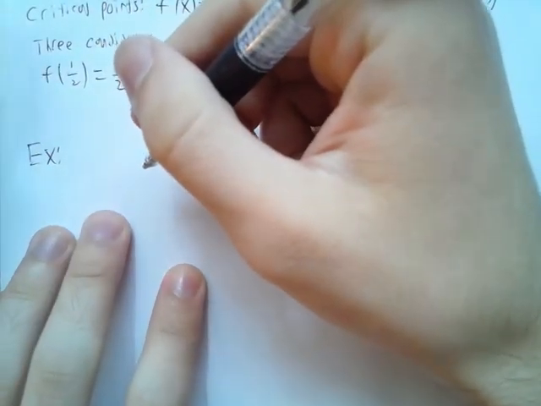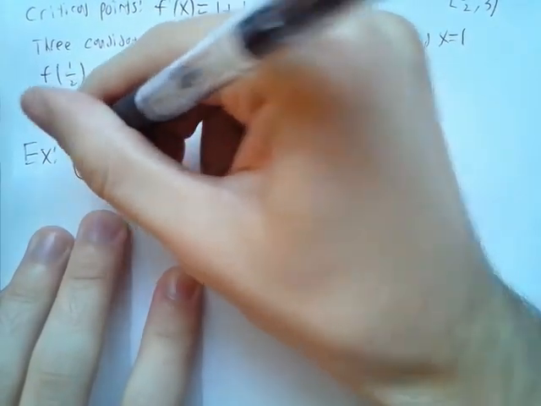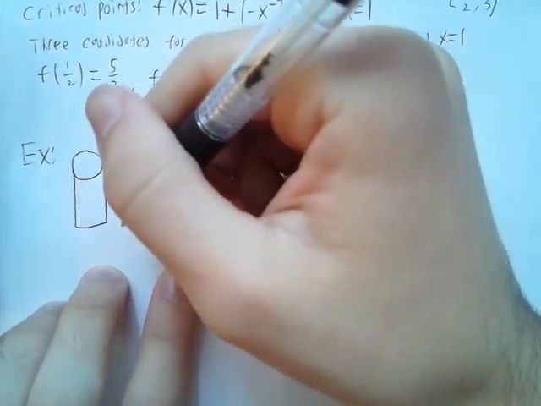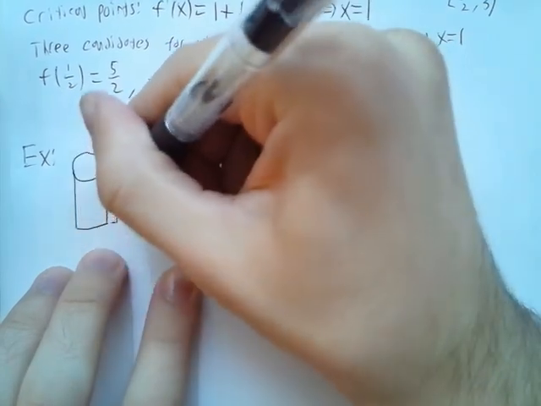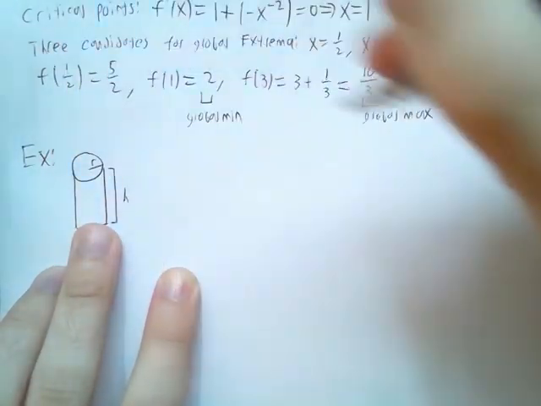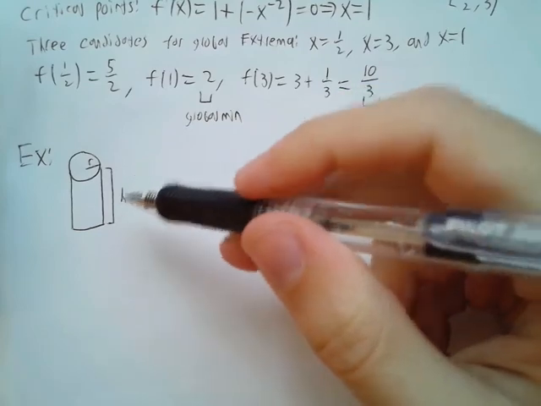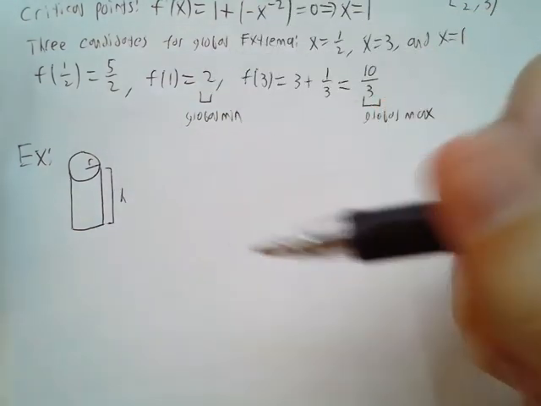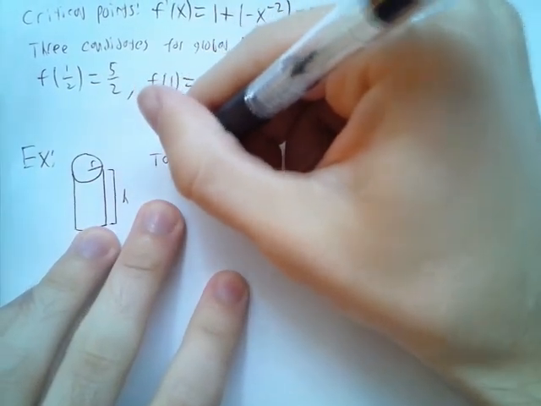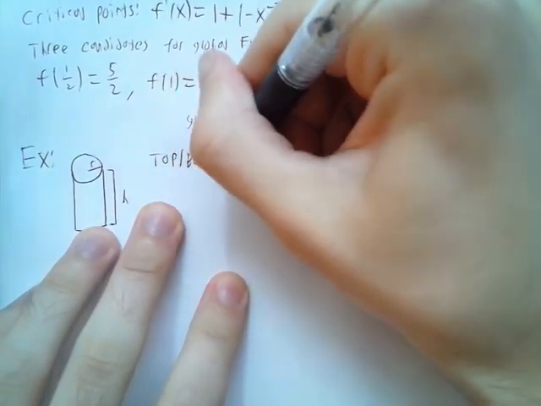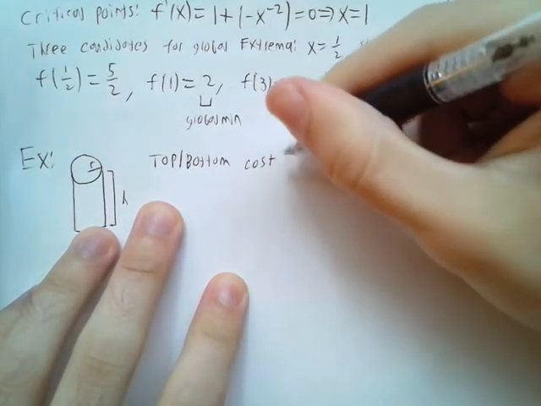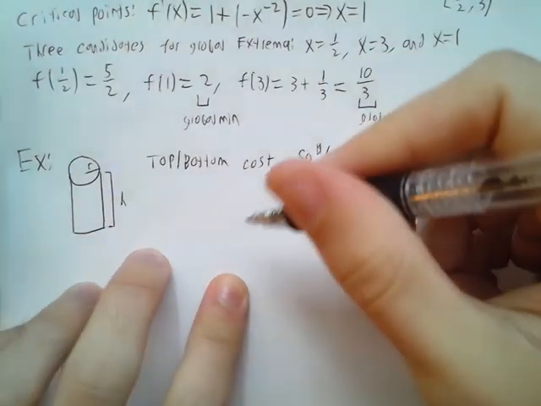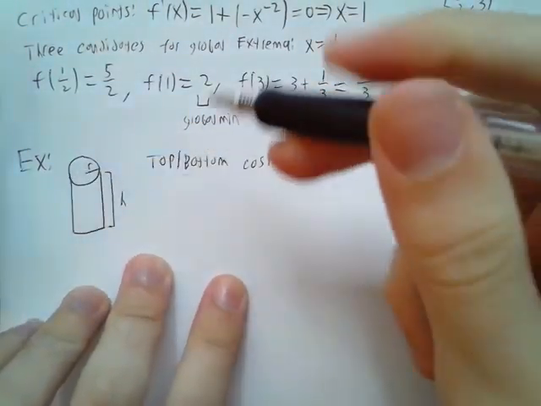So let's suppose we have a company which is producing cylindrical objects. It's going to have some height h, some radius r, and what these values are is to be determined. So the top and the bottom of the can are going to cost 50 cents to produce per centimeter squared of material that we use.